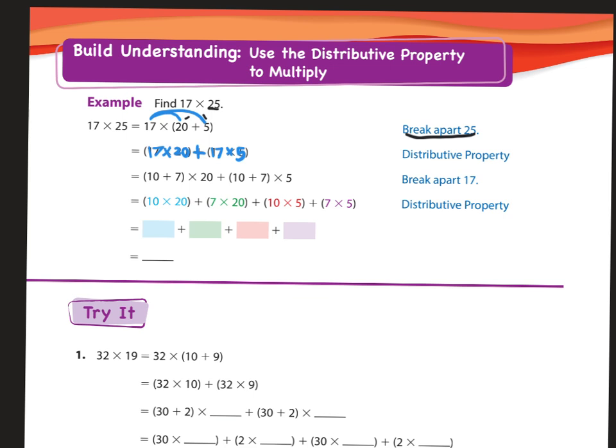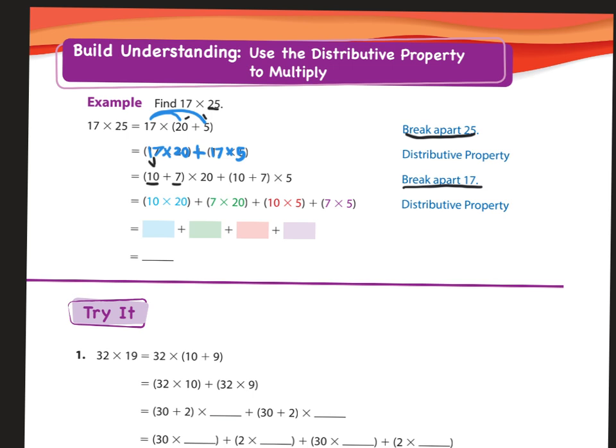But you know what? Just like in the area model, they broke down both numbers. So here we're going to break apart or break down or decompose 17 in tens and ones. So we have 10 and 7 for 17.